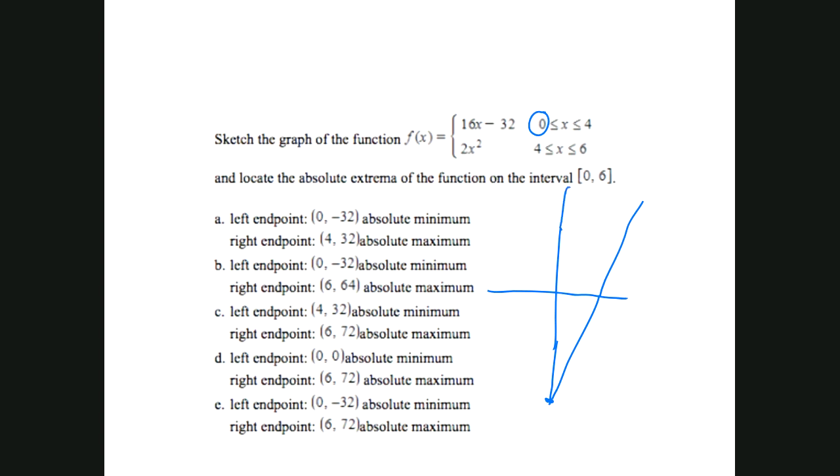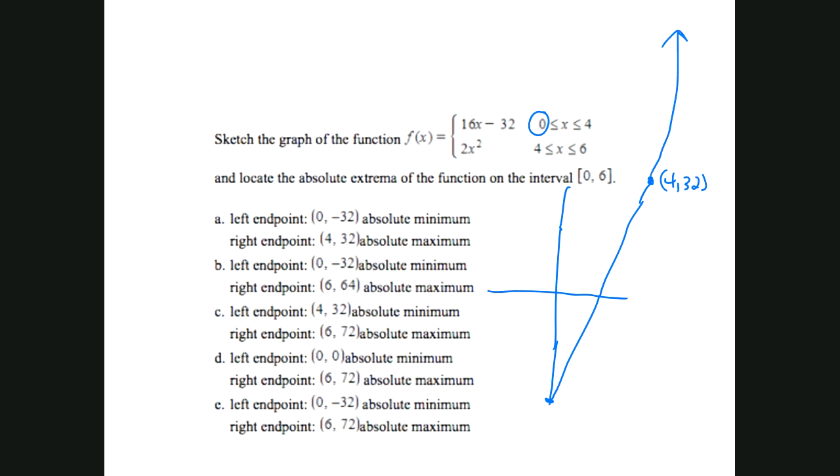If I put 4 in 2x squared between 4 and 6, this is going to be 32, so this graph is going to start to look like that.